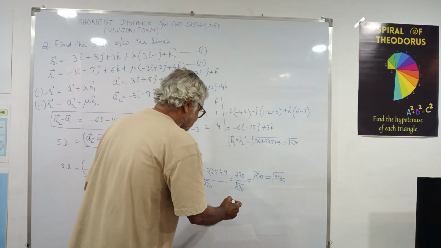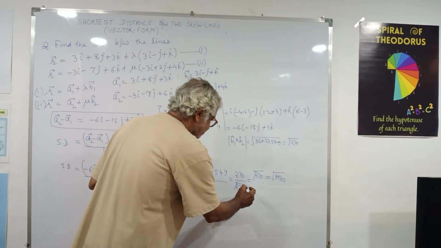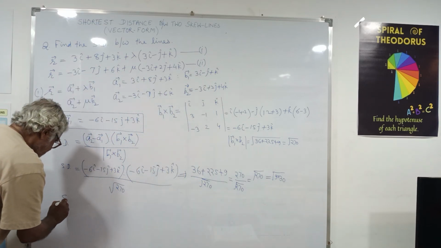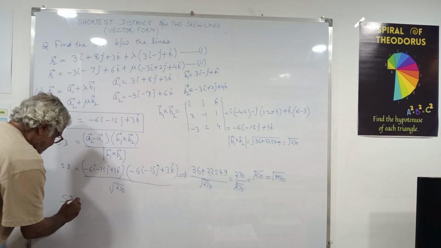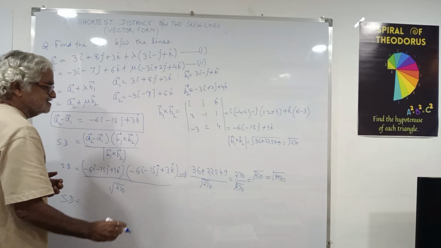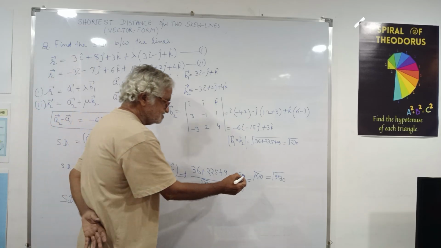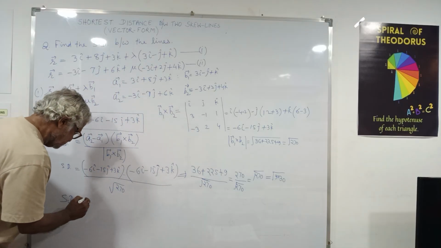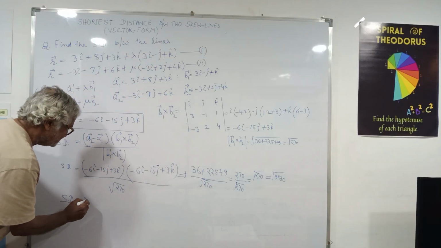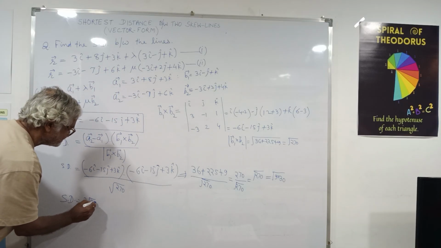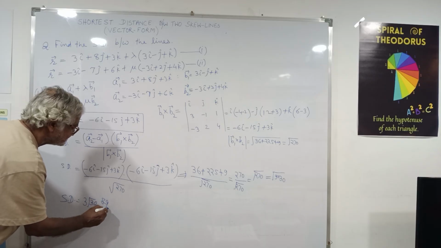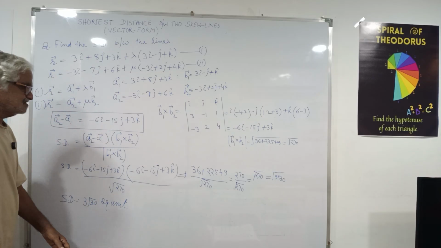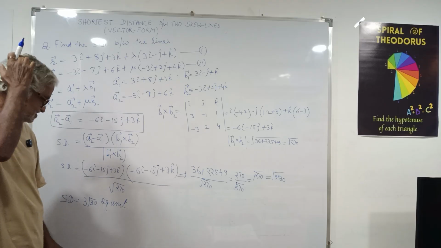So shortest distance, under root 9 is 3, into root 30 square unit. Okay, thank you.